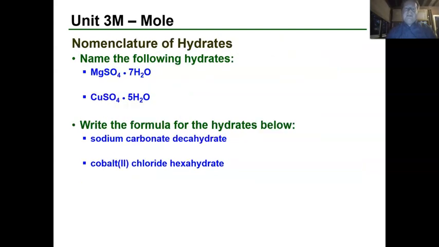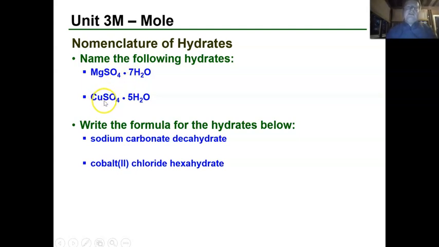Okay. So let's go from formula to name. If you look at your periodic table, this is called magnesium, of course. This is called sulfate. So this is called magnesium sulfate hepta, right? Because hepta is the prefix for 7, hydrate. Magnesium sulfate heptahydrate. This one is copper, which varies actually, so we have to use the Roman numeral in the name.